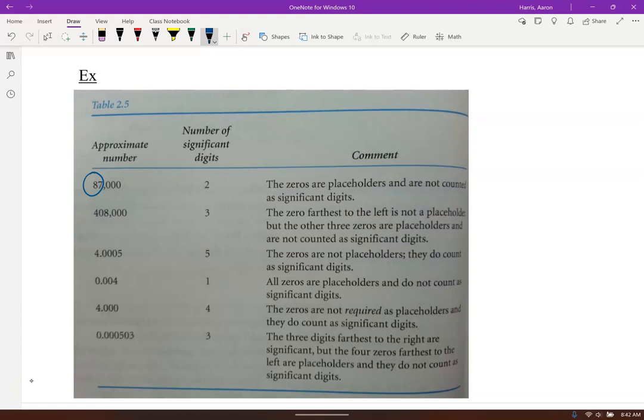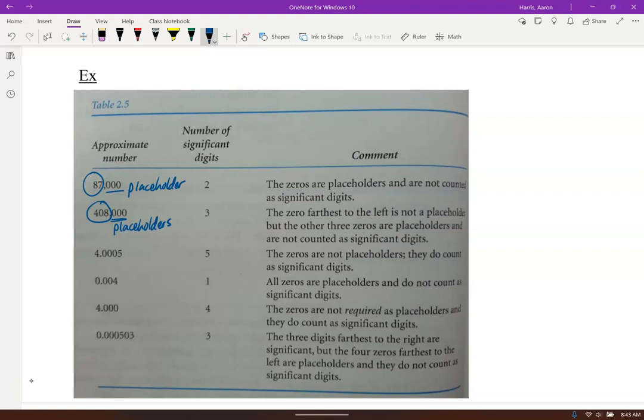The 4 and the 8 non-zeros are definitely significant, and the 0 between them is significant, but the rest are just placeholders. So on 408,000, there's just 3.